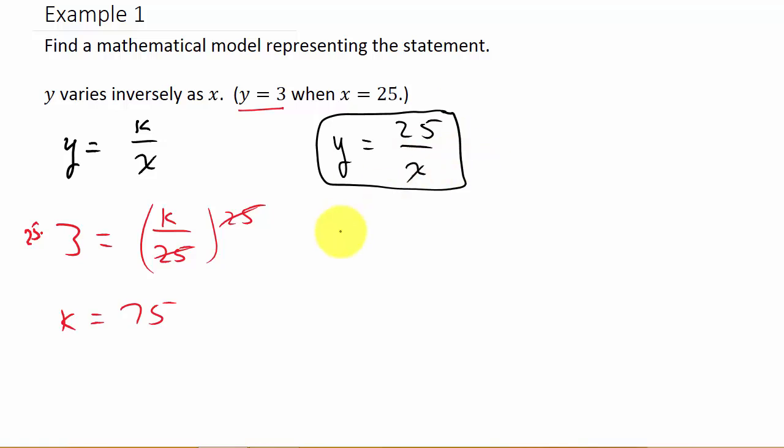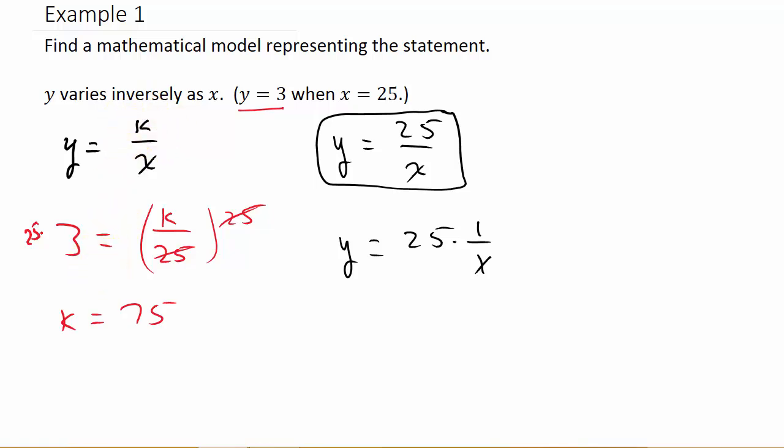Another way that you could write this is y equals 75 times 1 over x. Might be easier if you just leave it like this. Alright, so that's the main thing, figuring out what k is. You got to have the information so you can figure out k.